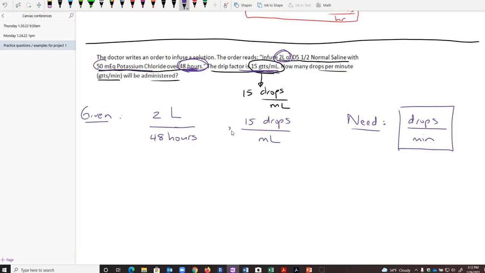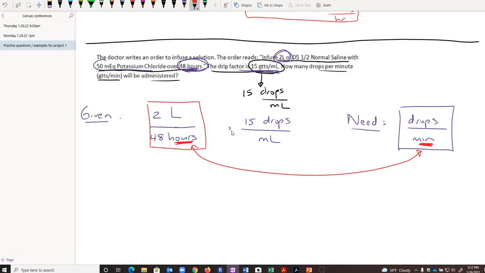In this first conversion factor, we have liters on top, we have hours in the bottom, right? So right away you may think, we have a unit of time in the denominator that we're given, and we have a unit of time in the denominator that we need. So time is the common factor here.